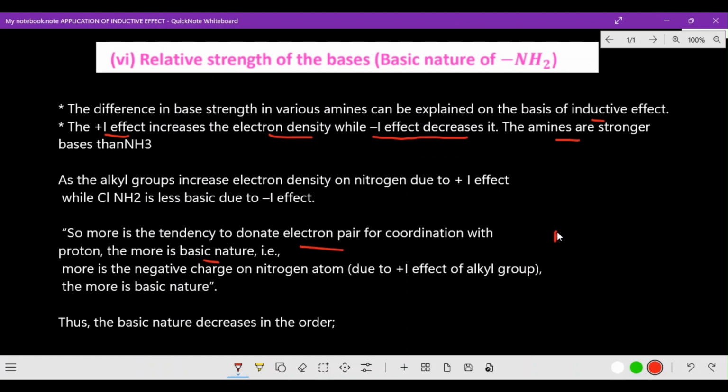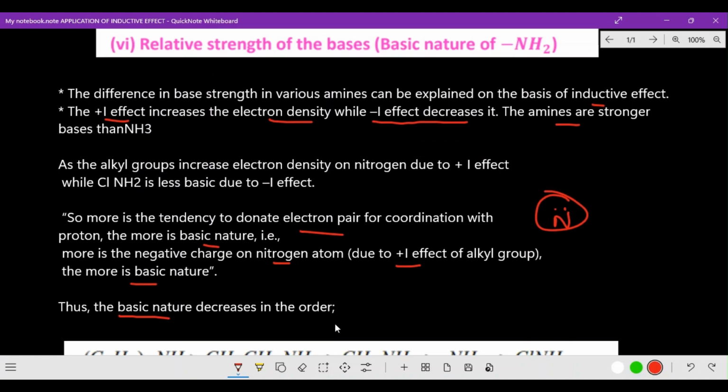In nitrogen there is a lone pair of electrons, so it has more tendency to donate the electron pair to a proton, so it is more basic. The more the negative charge on the nitrogen atom due to the plus I effect of the alkyl group, the more basic it is. Thus the basic nature decreases in order.